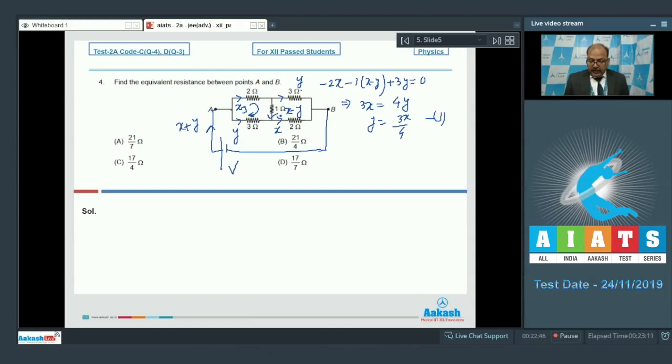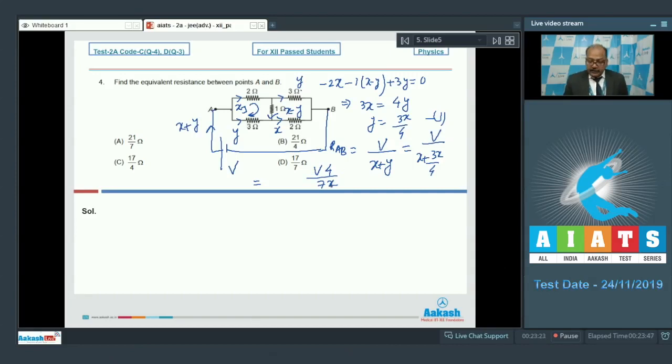What is the value of RAB? RAB is the potential difference between A and B and the total current that follows. So the expression that we are trying to find is RAB, which is equal to V upon x plus y. And since y is equal to 3x by 4, so we are effectively trying to find V upon x plus 3x by 4, which is equal to V into 4 divided by 7x.